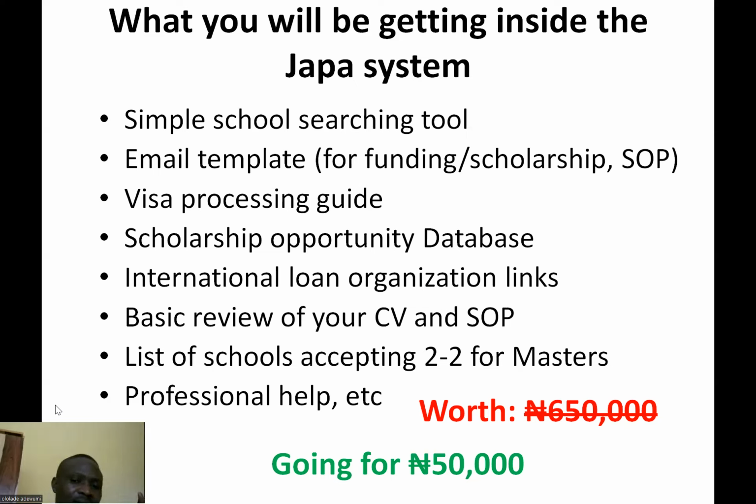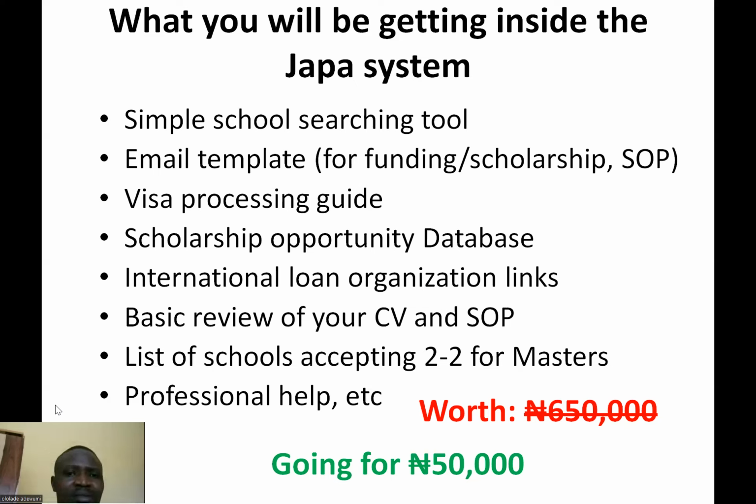So now we just put a worth of 650,000 naira to all of this information. It's more than 650,000 naira, but let's say it is just worth 650,000 naira. But like I said, because we want to help, we see that you are struggling, you want to begin this process, and you can't afford the 1 million, 2 million charged by agents.